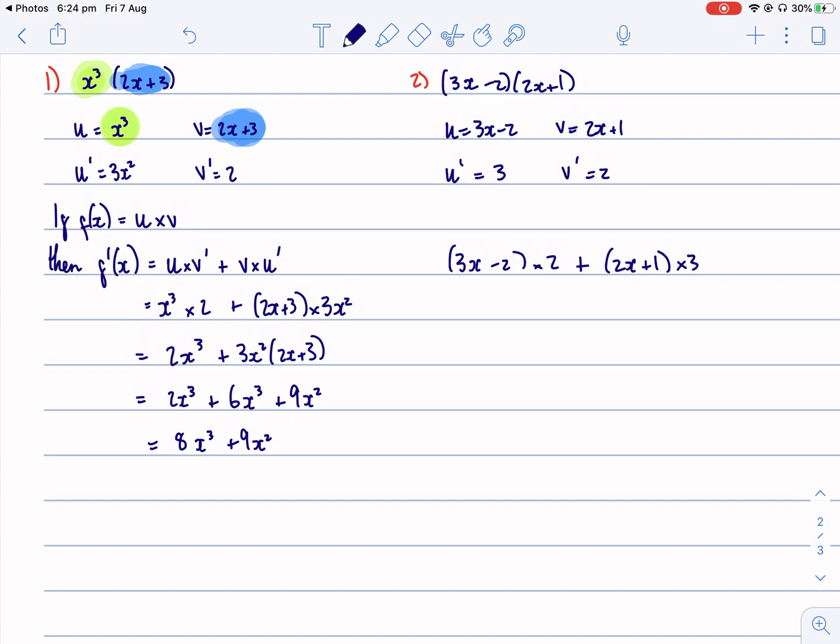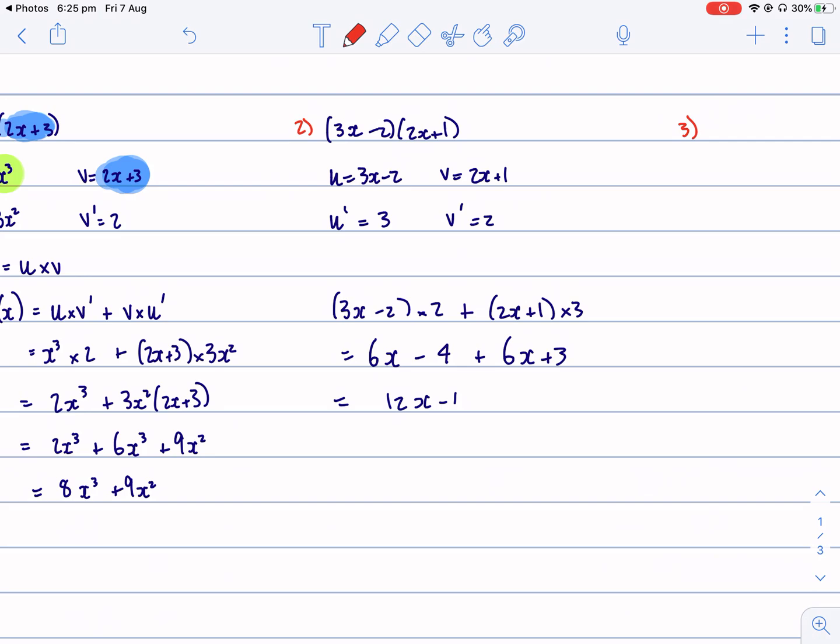Now it looks like they do want us to expand these, so that's going to give me 6x take 4 plus 6x plus 3 gives me 12x take 1. Let me double check. Yep, they definitely want us to expand. Okay.